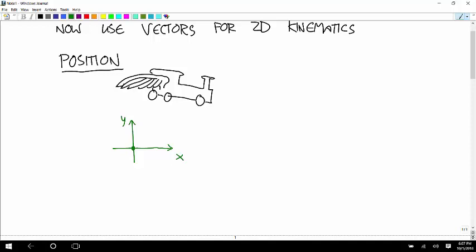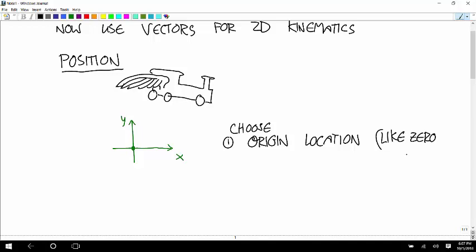So once we've done those 2 things, we have to choose the origin location. That's like the 0 position. And we have to choose the axis directions. That's like choosing the positive direction in 1D.